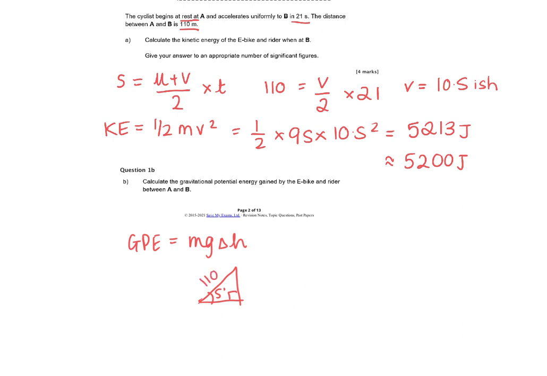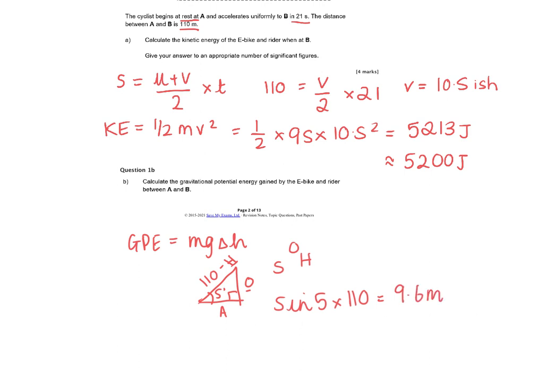We know the distance along the hypotenuse, I'll label that h, is 110 meters, and we are trying to work out the opposite. So we've got h and we want O, so we're going to use the formula triangle for sine. We do sine of the angle 5 times our hypotenuse, 110, and that gives us a height of 9.6 meters.